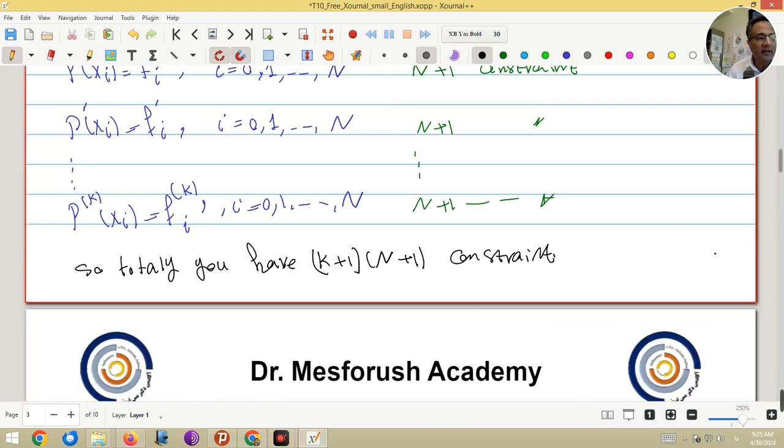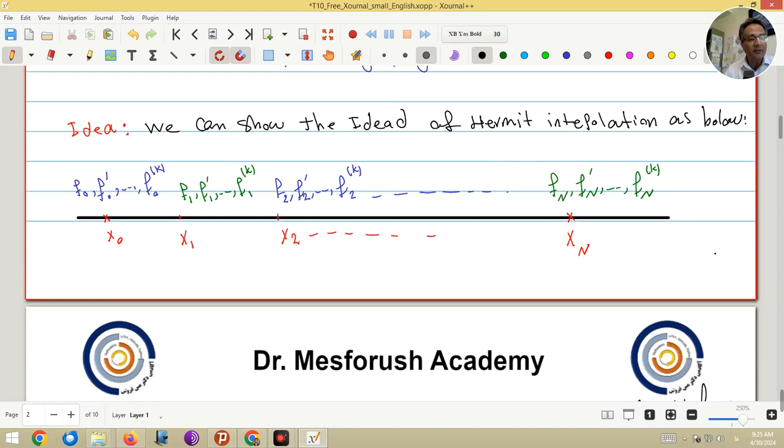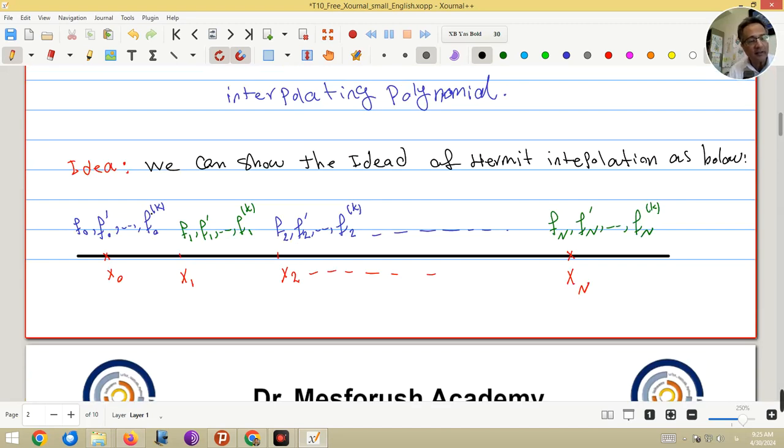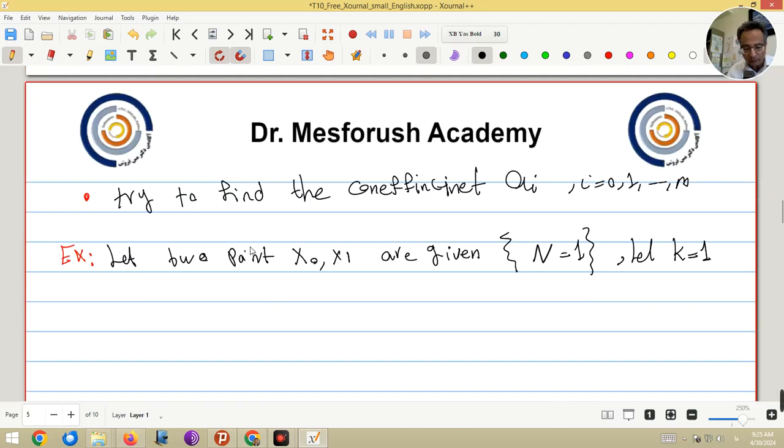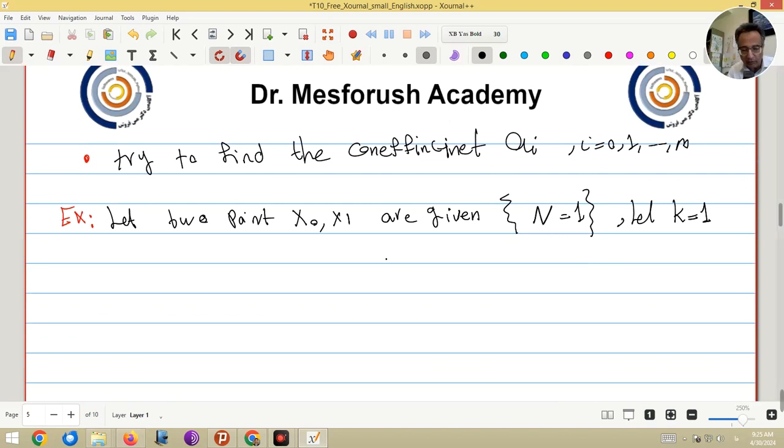What's k? K is the order of derivative that we introduced here. Okay, so here in fact I have x0 and x1, and also I have f0 and f prime 0, f1 and f prime 1, just for constraints we have. Okay, now let k equal to 1, and let we have the following table.